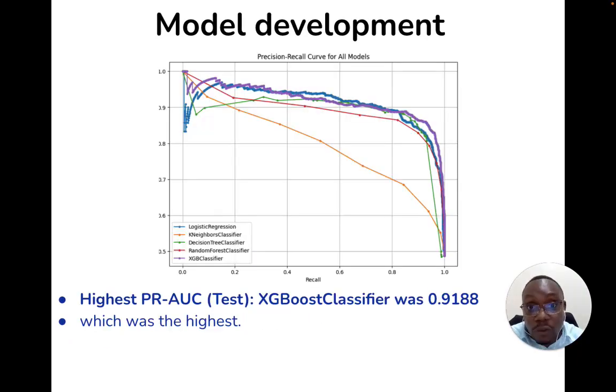Further analysis of the area under the curve for precision and recall, the XGBoost model performed the best with a 91.88% area under the curve, again outperforming the other models, showing that the model really is achieving great balance of precision and recall for all thresholds.